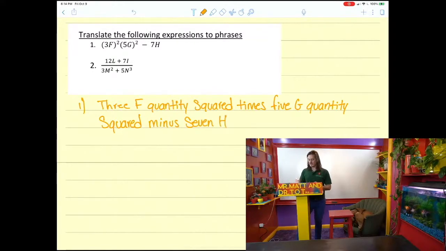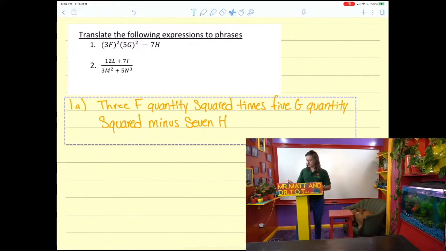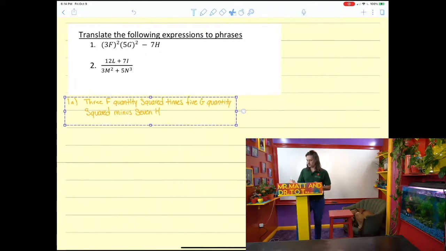That's one way, and actually I'm going to label this 1a because I'm going to go through a few examples here. Let me make some room.